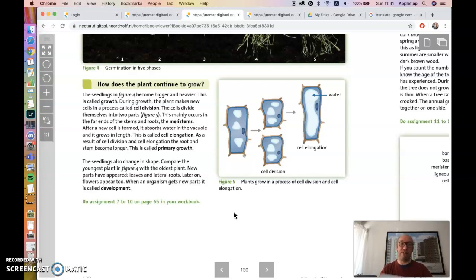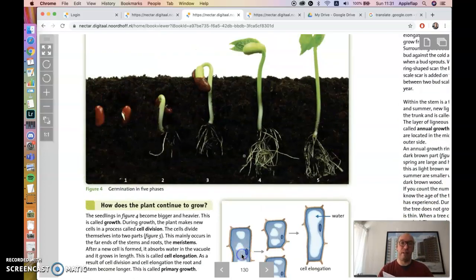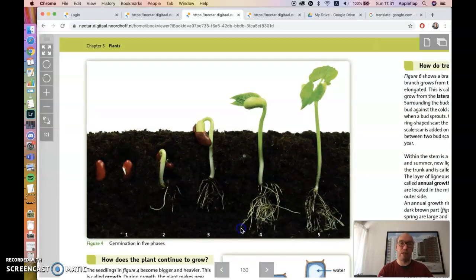If you look at figure 4 for a short while, you see some stages in which way a bean plant develops itself. So in this stage, it's still a bean, and now the seed coat bursts open because there's water coming into the bean. Then first the roots will rupture into the earth and suck up water, and then the stem will grow.